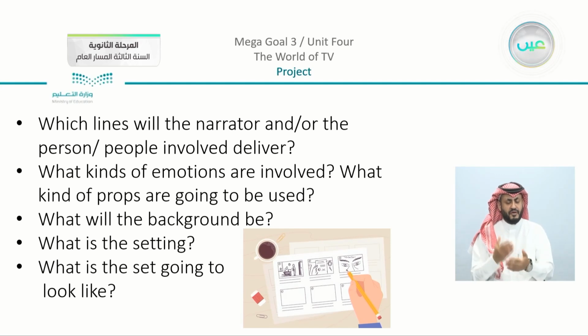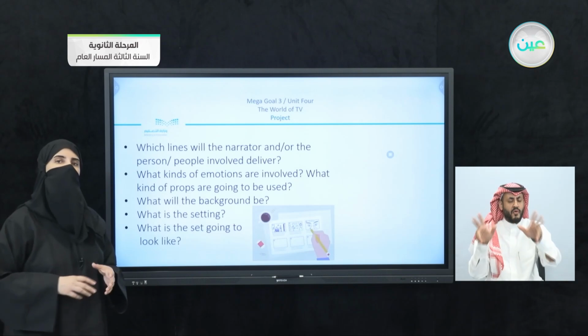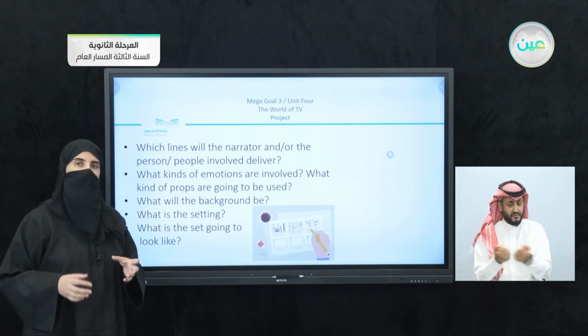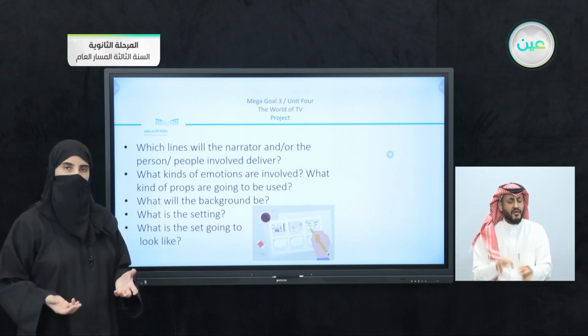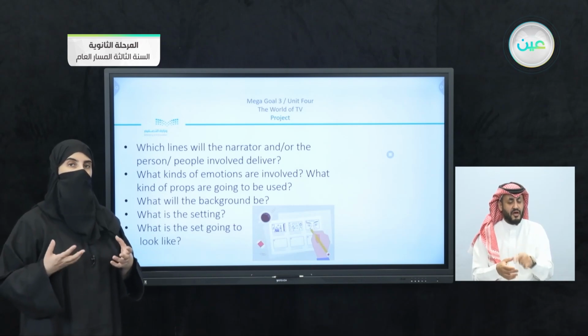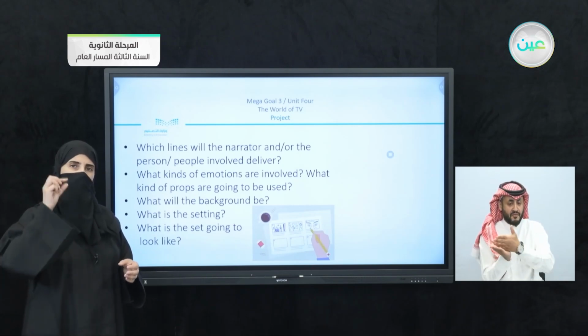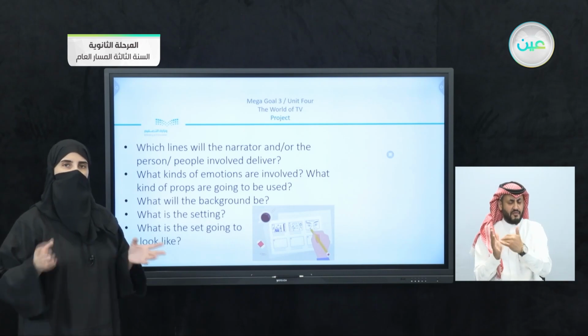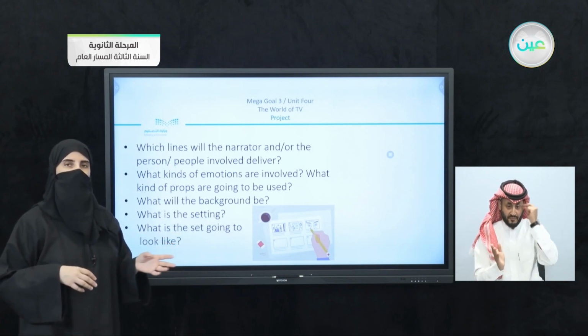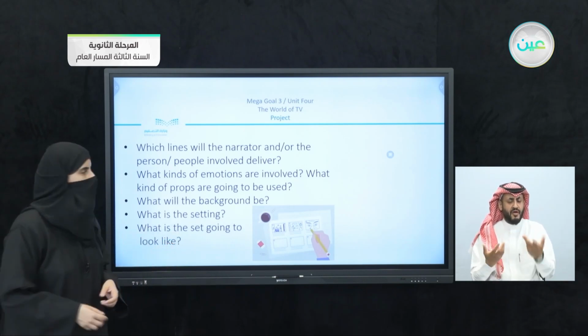What will the background be and what is the setting? What is the set going to look like? Now, all of these questions you are going to discuss together as a team because you are going to produce. Now, we said that we are going to be producers. So these are important parts that any producer has to put in mind, and you are going to work on them together.